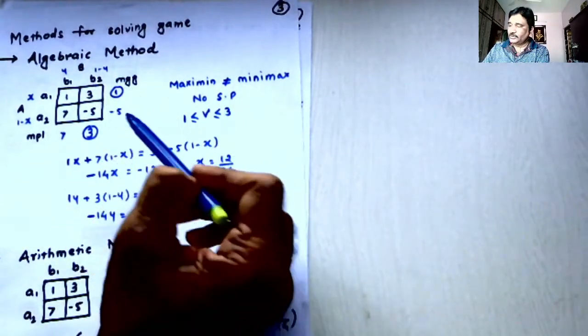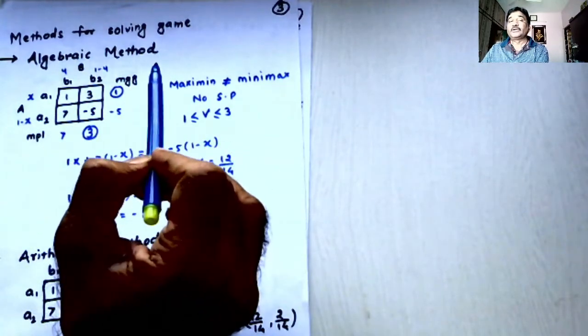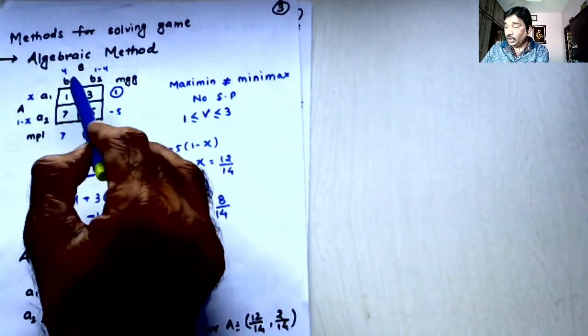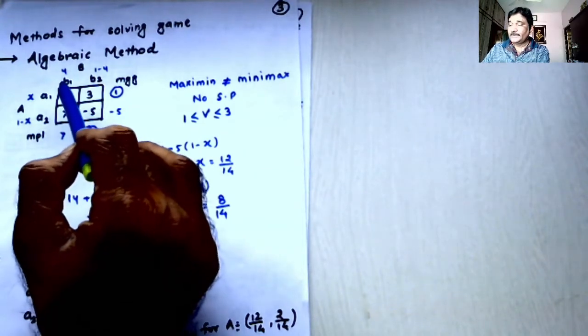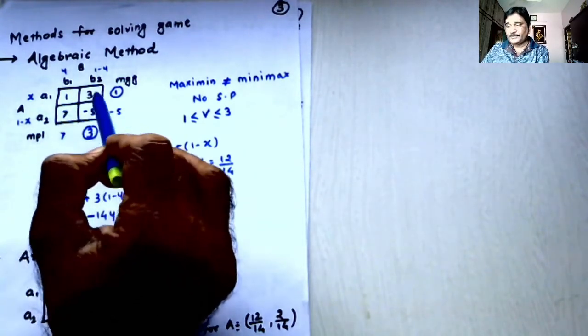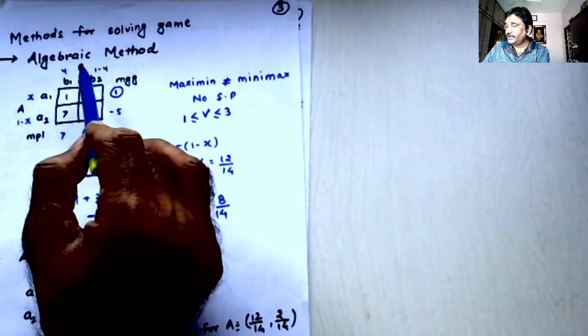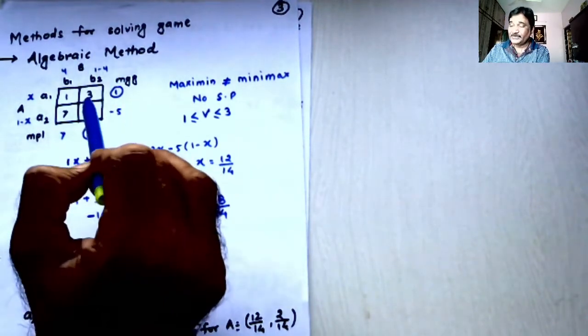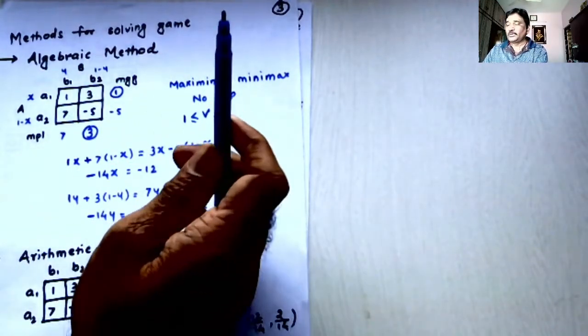Why 18 by 14? 3 into 6 by 14, 18 by 14. That also comes equal to 26 by 14. Also 8 by 14 into 7, right? That is 56 by 14 minus 5 into 6 by 14, that is 30 by 14. 56 minus 30, that is 26 by 14.